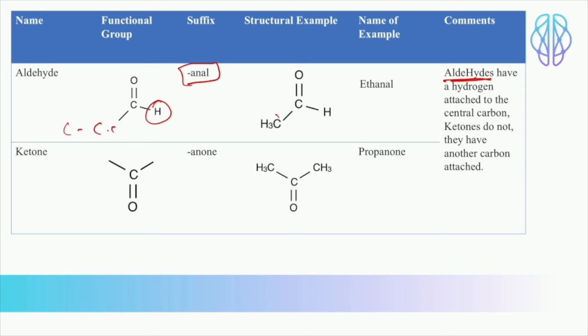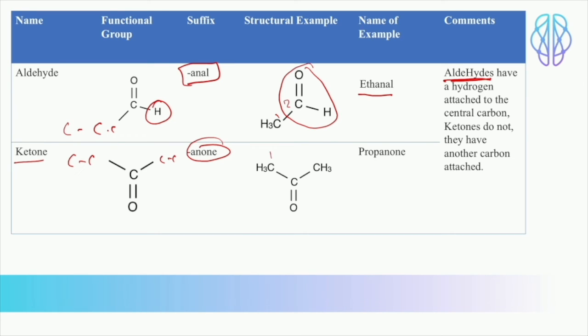So 1, 2 carbons in the main chain. This is the aldehyde functional group, so this is ethanal. Next we have ketones. So again, we have the C double bond O, however in this case, it'll bond with carbon chains on either side, so there's no hydrogen. We use the suffix anone to signify ketones.